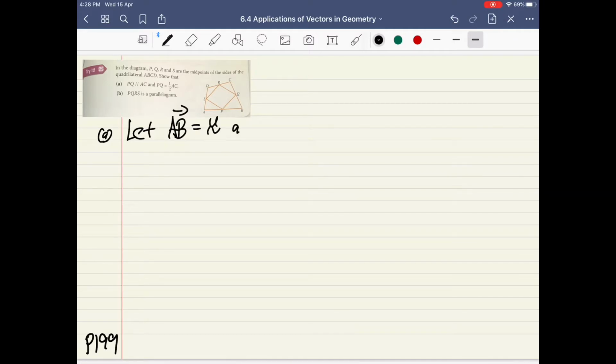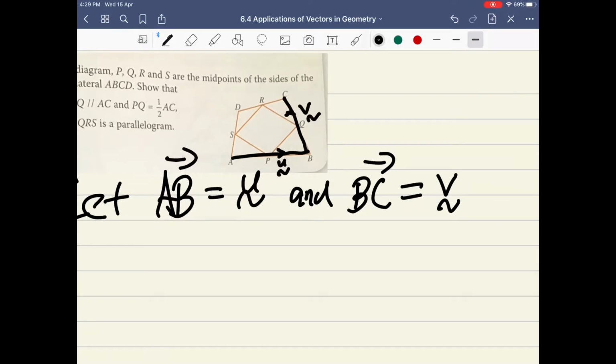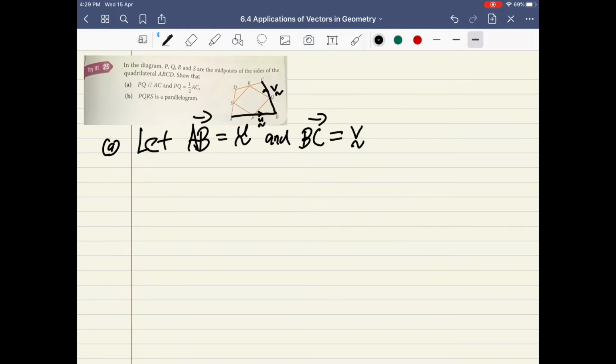So to make our life a bit easier, first I'll say let the vector AB be equal to the vector U and the vector BC be equal to the vector V. So AB, this entire thing here, is equal to the vector U and the vector BC is equal to the vector V. Okay. So now I can say that the vector AC is equal to U plus V.